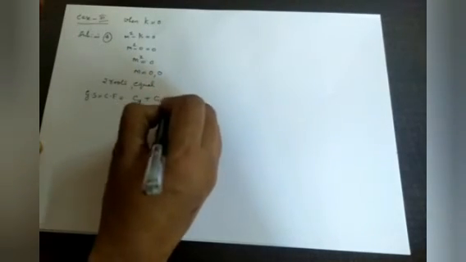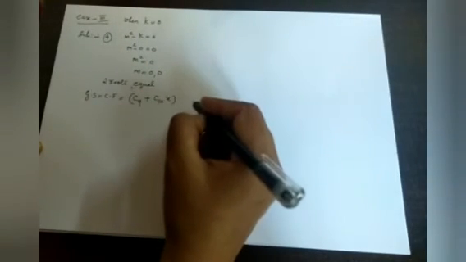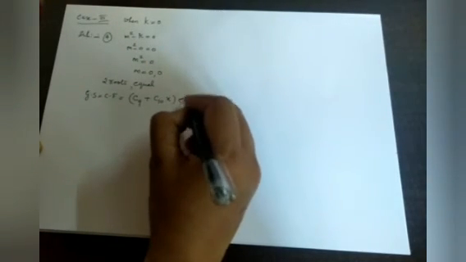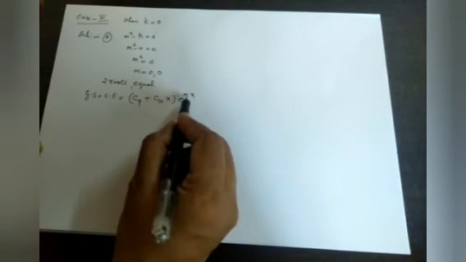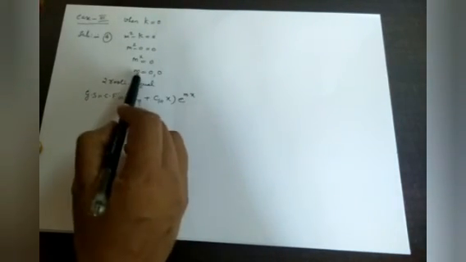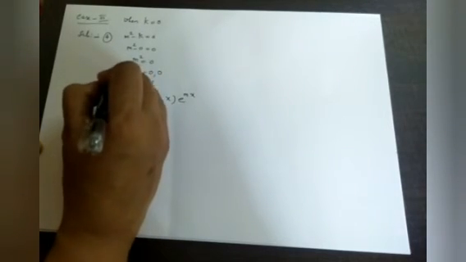Therefore, the general solution or the complementary function will be C9 plus C10 into x, e raised to mx. Here the two roots are equal, therefore here we will take only one root. m1 and m2 are equal and it is equal to m.